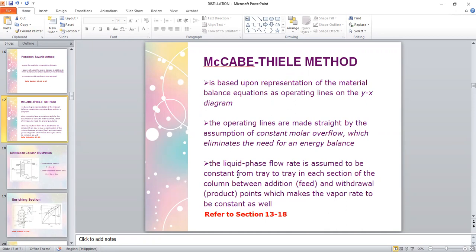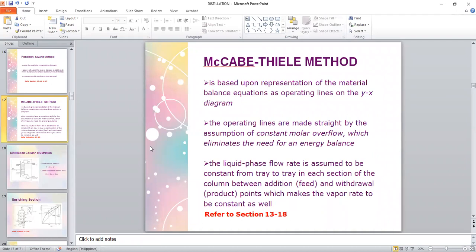Now, what is the McCabe-Thiele method? This is based upon representation of the material balance equations as operating lines on the y-x diagram. The y-x diagram is the equilibrium diagram that I'll be showing you in the next two slides. I showed it to you last meeting.